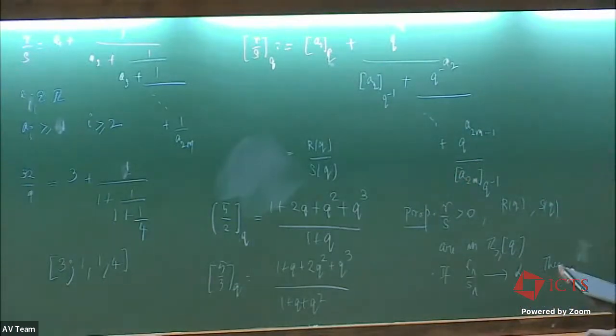Then the Taylor series of Rn by Q by Sn by Q stabilizes.